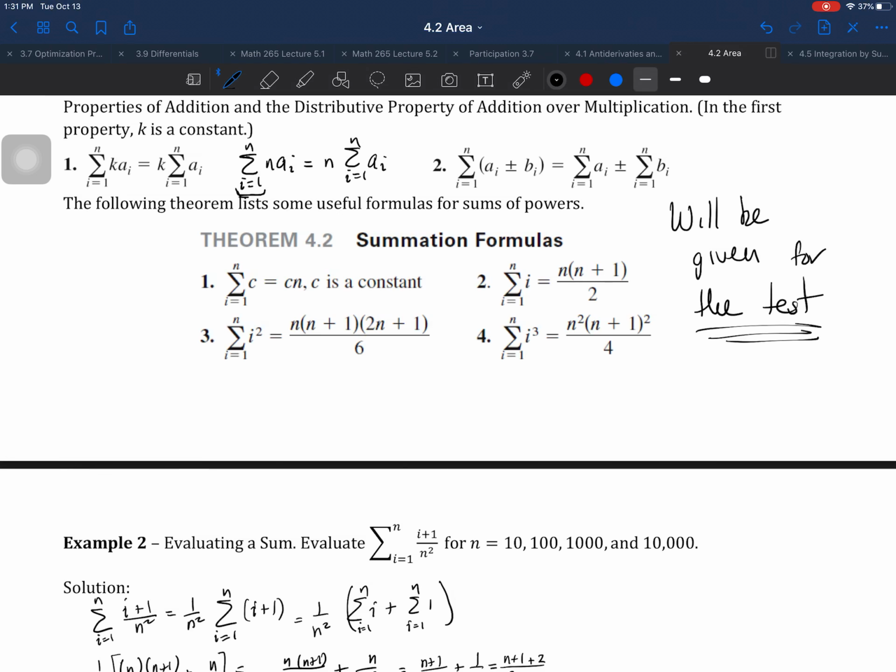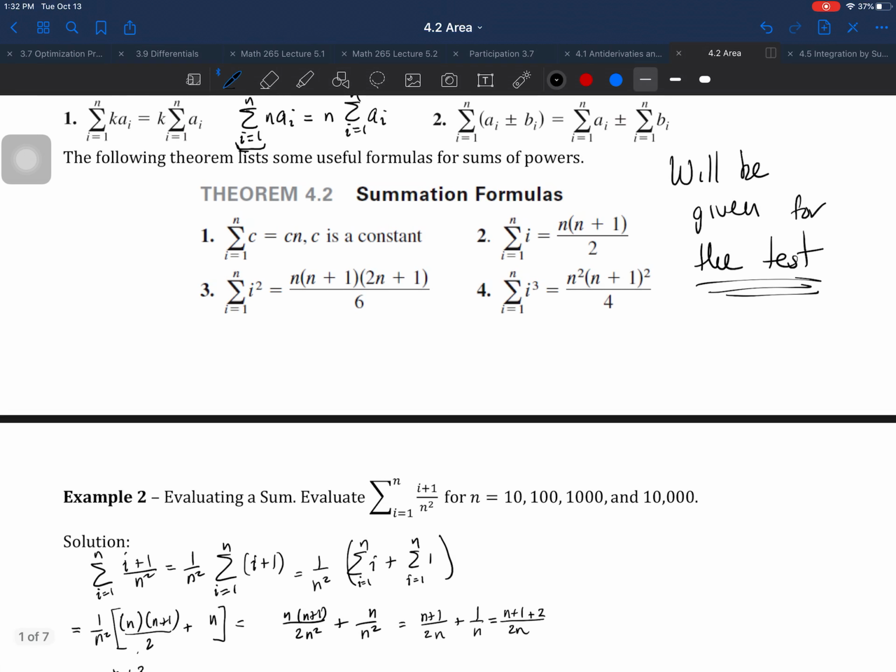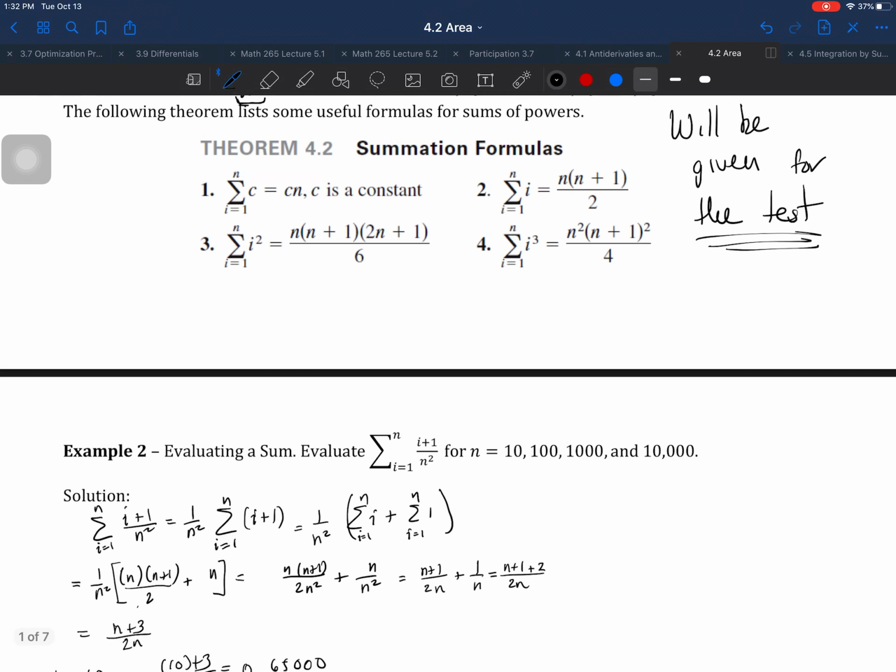For those who are listening to these lectures and following along, good job, and you will now know that this will be part of the test. But they're not hard to remember, and I encourage you to try to remember these. I actually memorized them, and they're kind of fun to memorize.